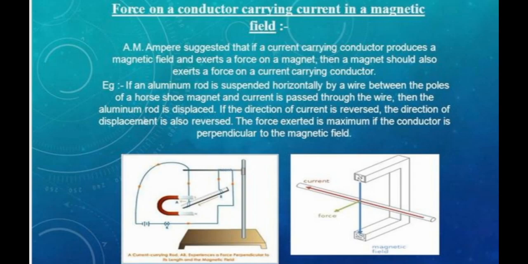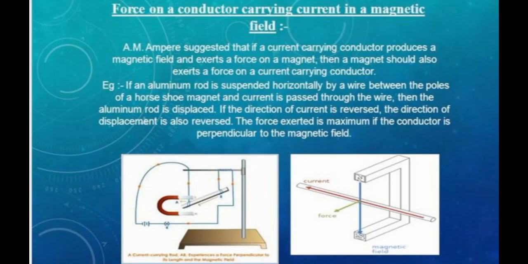Then the key is pressed. Electric current is allowed to pass from one end of the conductor to the other. It is observed that the wire is pulled downwards and the spring gets stretched. If the magnet is now removed, the aluminium wire returns to its original position.